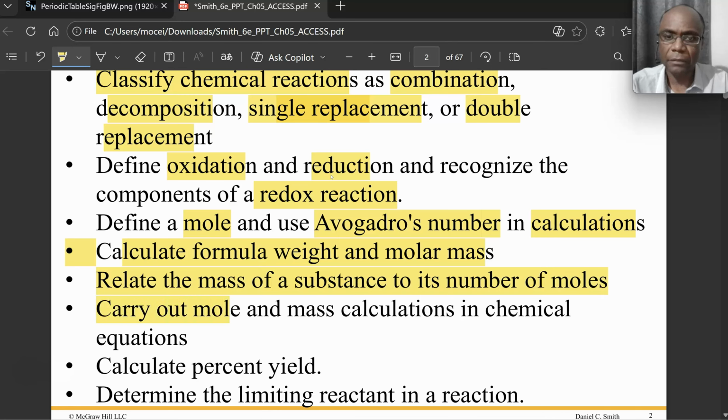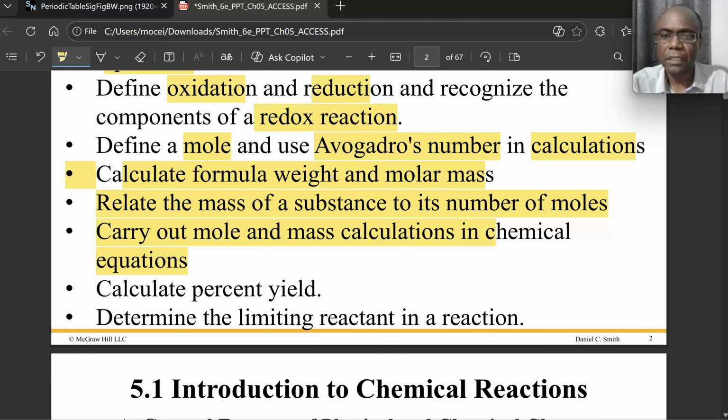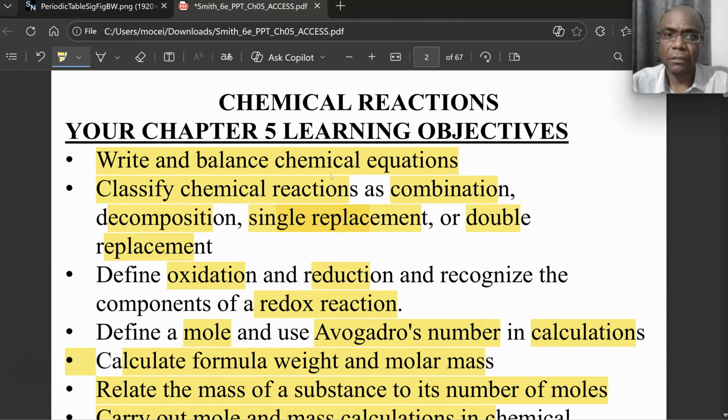We'll carry out mole mass calculations in chemical reactions based on reacting ratios, and then we'll determine percent yield at the end and determine limiting reactants and also theoretical yields. Okay, so we have a lot to do.